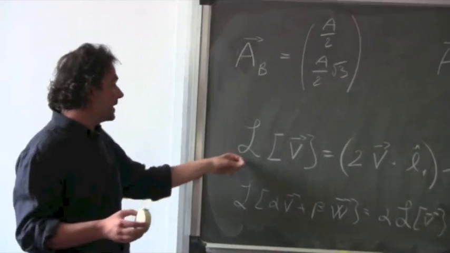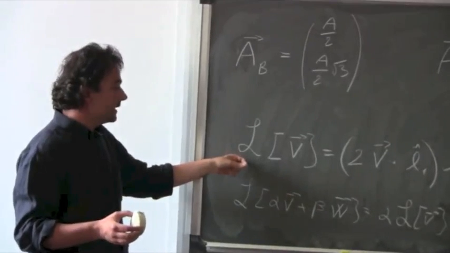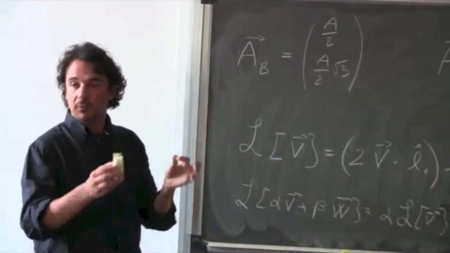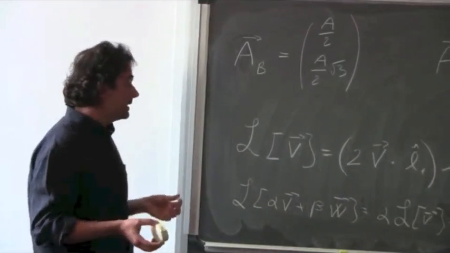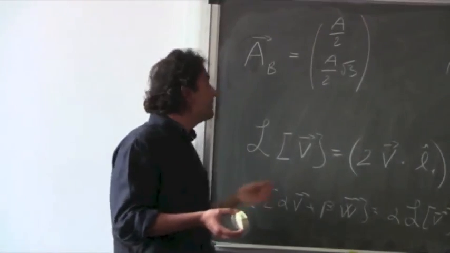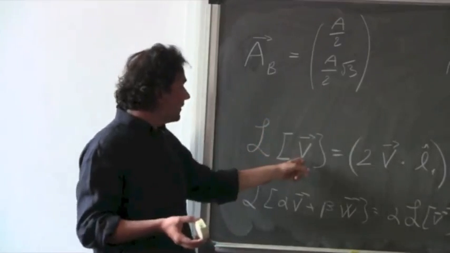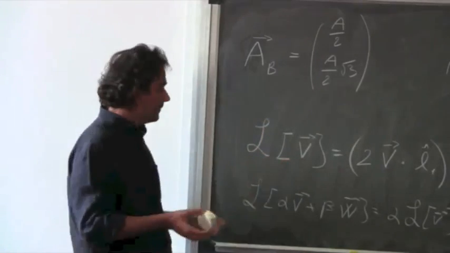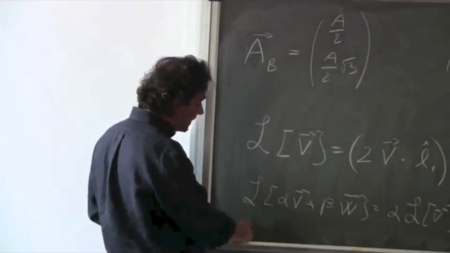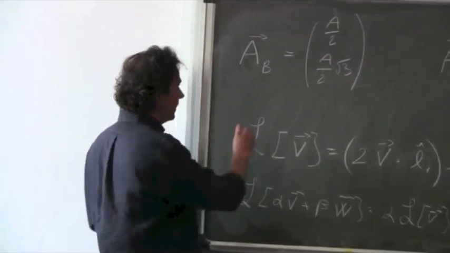So you can represent this linear application with a matrix, with a table of numbers that depends upon the basis of the vector field here and the basis of the vector field here.